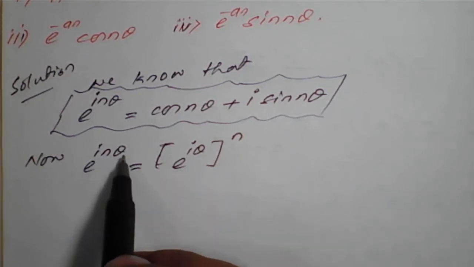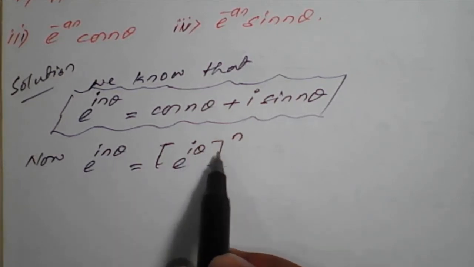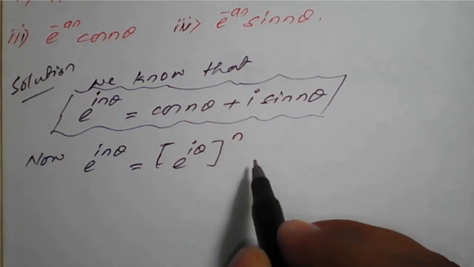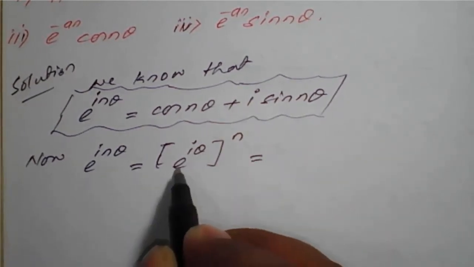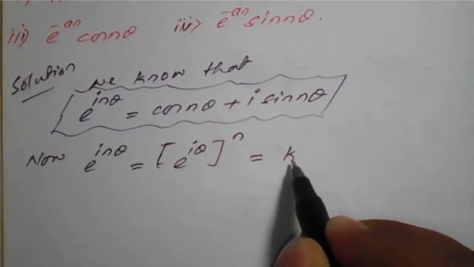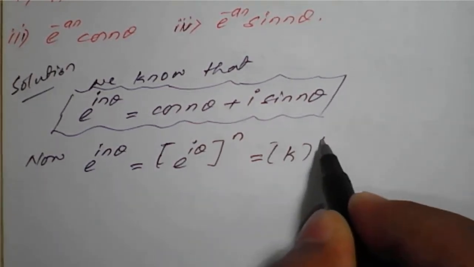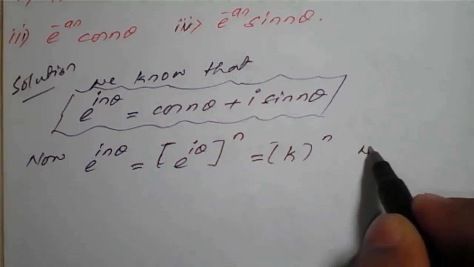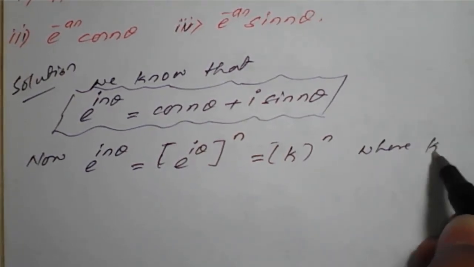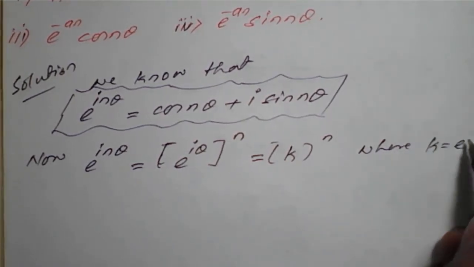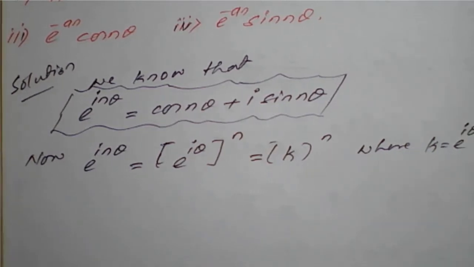So e raised to i n theta can be written as e raised to i theta whole raised to n, which is nothing but e raised to i theta, which I will consider as k, raised to n, where k is equal to e raised to i theta.